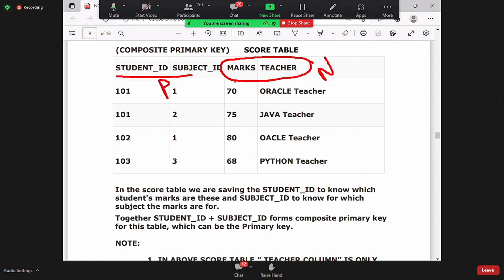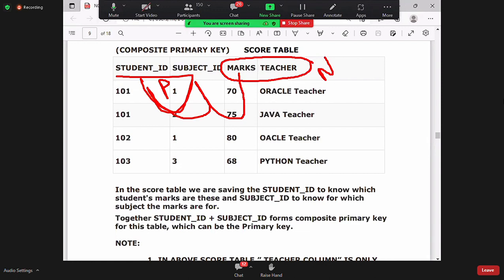So now I'm asking, marks column is there. Can you tell me, guys, is this marks column depending on subject or student or both of them? Both of them, yes or no? If you want to obtain marks, first the student has to write an examination. Are you writing the examination on a subject?